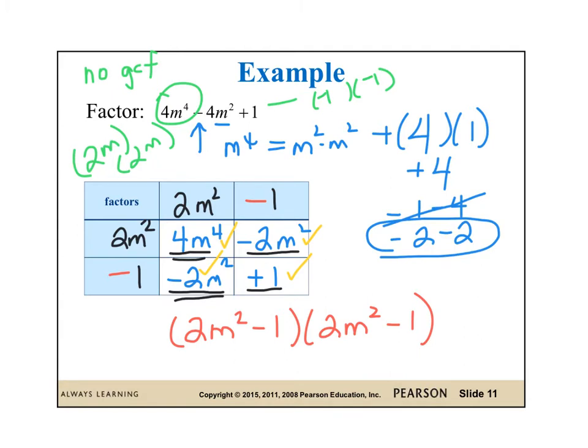And we have 2m squared for the first term, and -1 and -1 for the second term. And that was a little faster, but again, we had to first do no greatest common factor, and then we had to go through the step of figuring out whether or not it was a perfect square. So since there are very few factors here, I don't know. It's kind of a wash, whichever method you want to use.